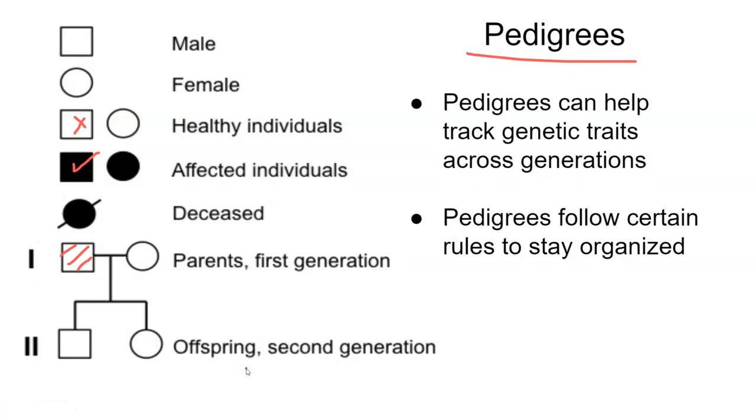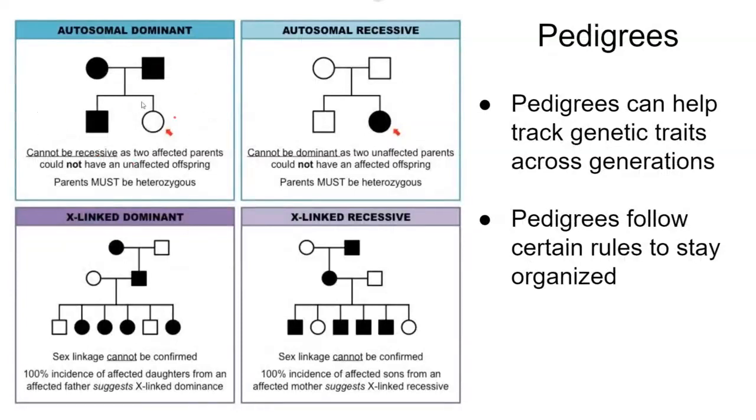So let's look at a few of these examples. If I'm looking at this example, I automatically am going to assume that this is a dominant trait just because it affects so many members of the family, kind of like the polydactyly example that we went over earlier. I'm automatically going to assume that this one is a recessive trait because so few people are affected.